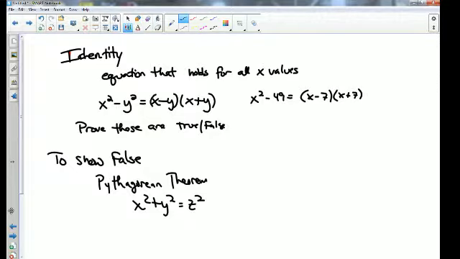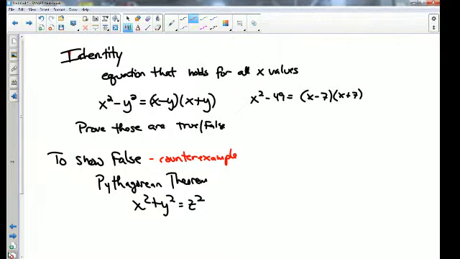To show this is false, we use something called a counterexample. A counterexample is putting numbers in and showing it doesn't work.